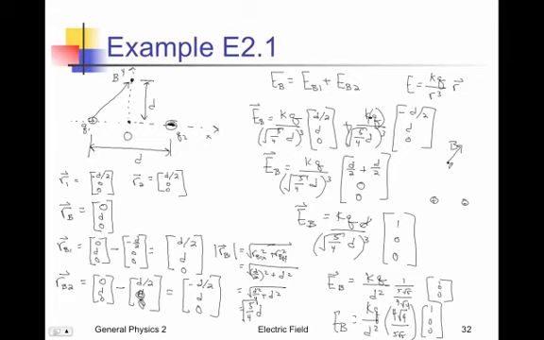The electric field at B due to this charge is going to be this way. That makes sense, because if I take this vector and add that other vector to it, I end up with a horizontal vector. So I find that this is correct. The electric field at this point points to the right, like that. That would be my E_B.